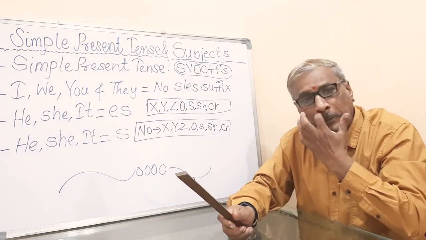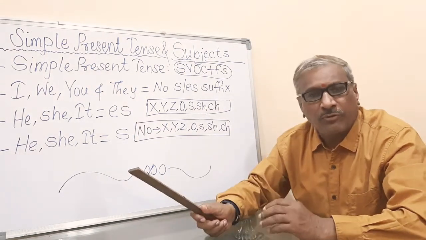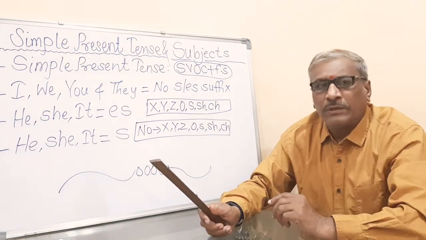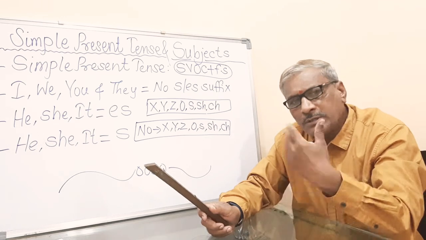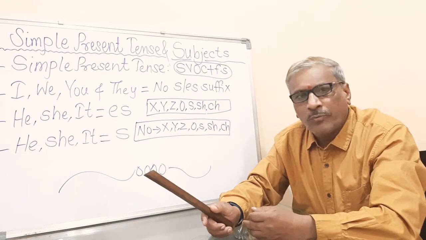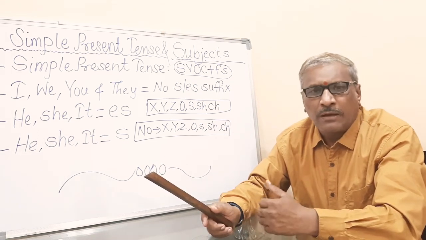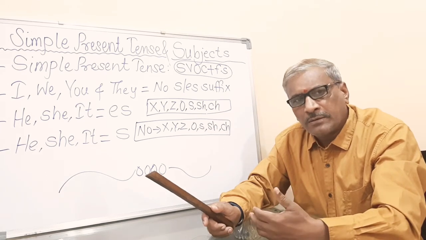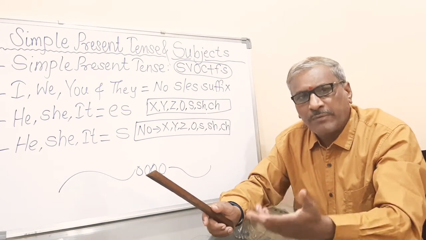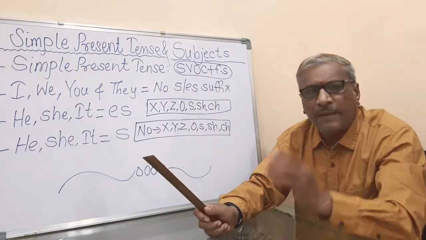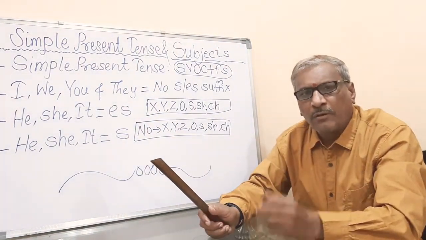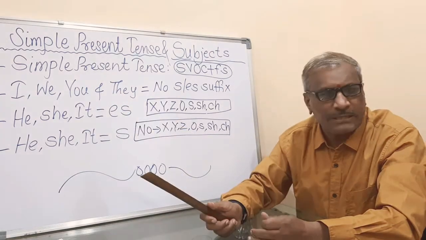Then we can use this simple present tense for the hobbies. Now there are all persons, and all these persons have the hobbies. Suppose there is the boy whose name is Ramesh. That Ramesh has a habit, and that habit is spoken with the help of the simple present tense.